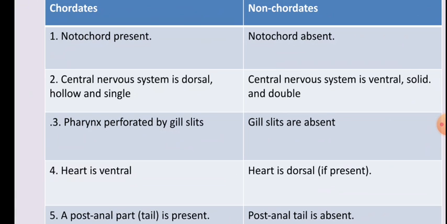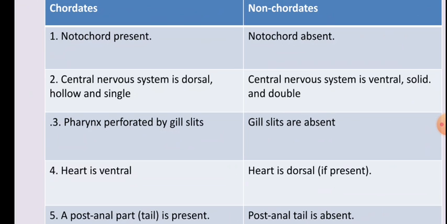In non-chordates, the notochord is absent. Then, second one, the central nervous system is on the dorsal side, hollow and single in chordates, whereas in non-chordates, the central nervous system is on the ventral side, solid and double.